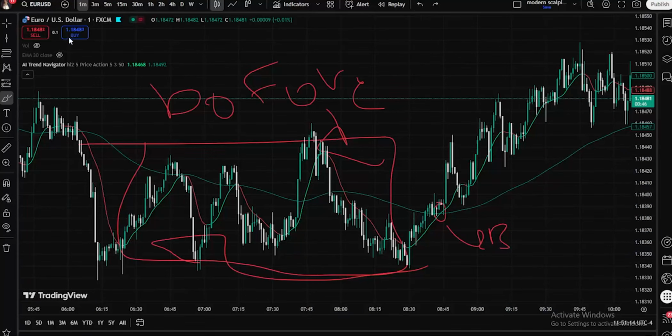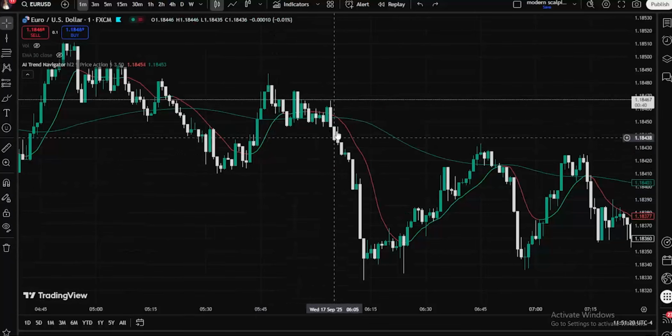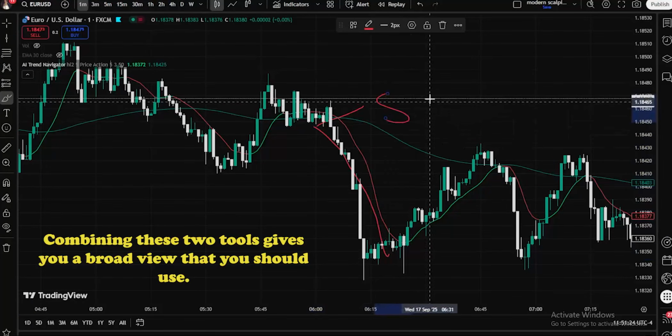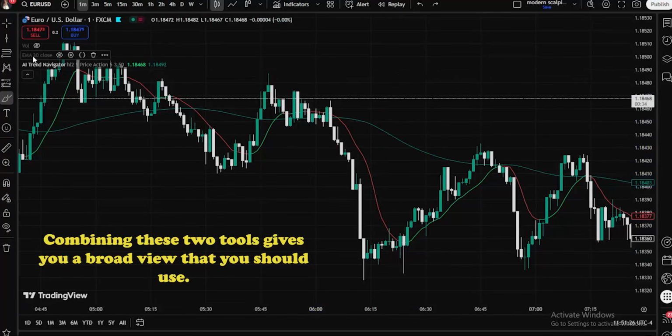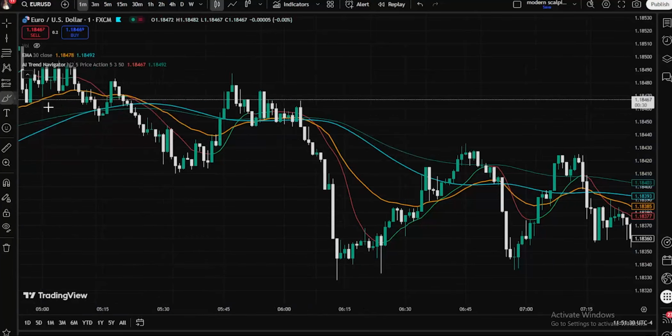This indicator usually works as a color or UP/down/neutral signal. When combined with EMA, you only enter a trade when both confirm: the EMA cross has occurred and the AI Trend Navigator confirms that the market is in the same direction.